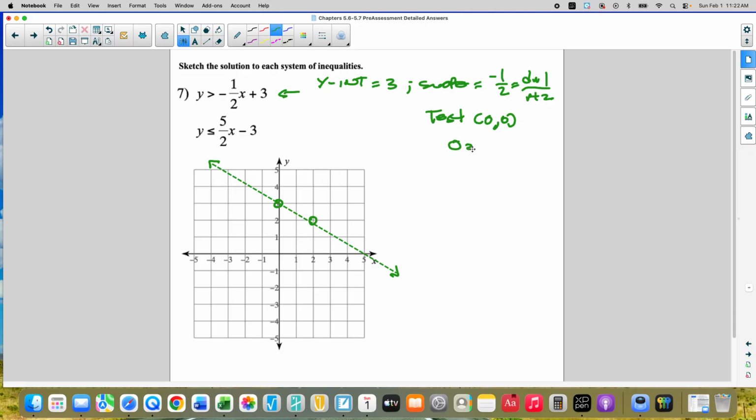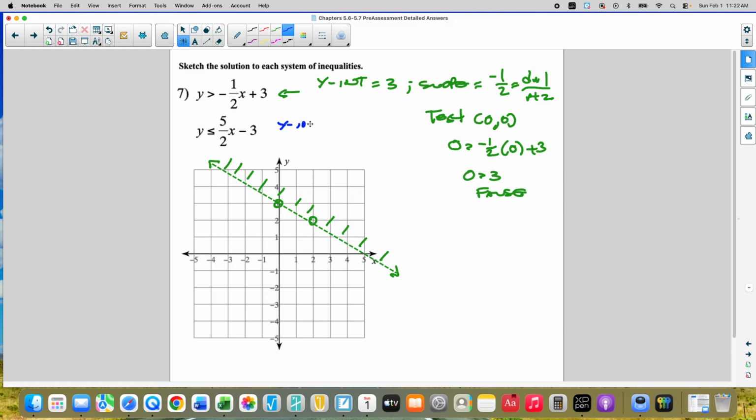Is 0 greater than -1/2 times 0 plus 3? Is 0 greater than 3? That's false. So this point is false, so I'm going to shade this side of the boundary. Notice I use little small dash marks just to show, because this is a system and we're going to have to do all of that for this equation.